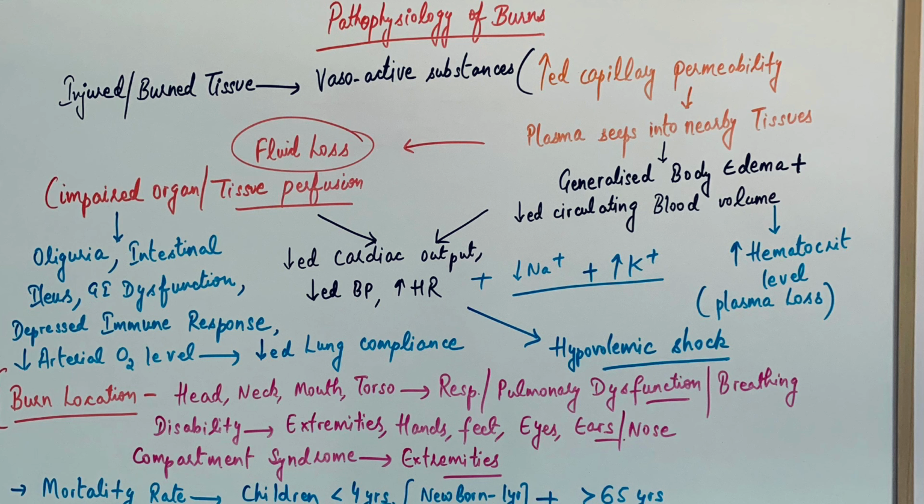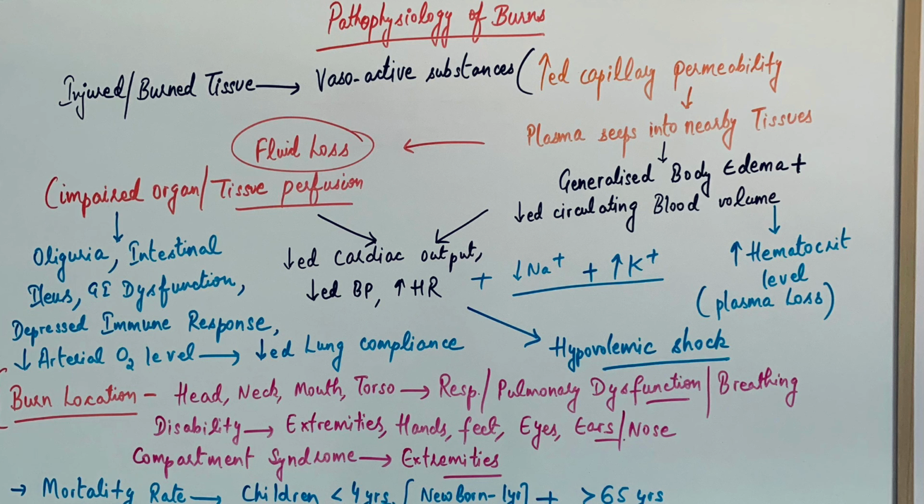In the immune response, there is decreased immune response that results in immunosuppression, and that increases the risk of infection and sepsis. In the lungs, there is decreased arterial oxygen level, and that leads to decreased lung compliance. All these are complications of fluid loss, which leads to decreased tissue perfusion.